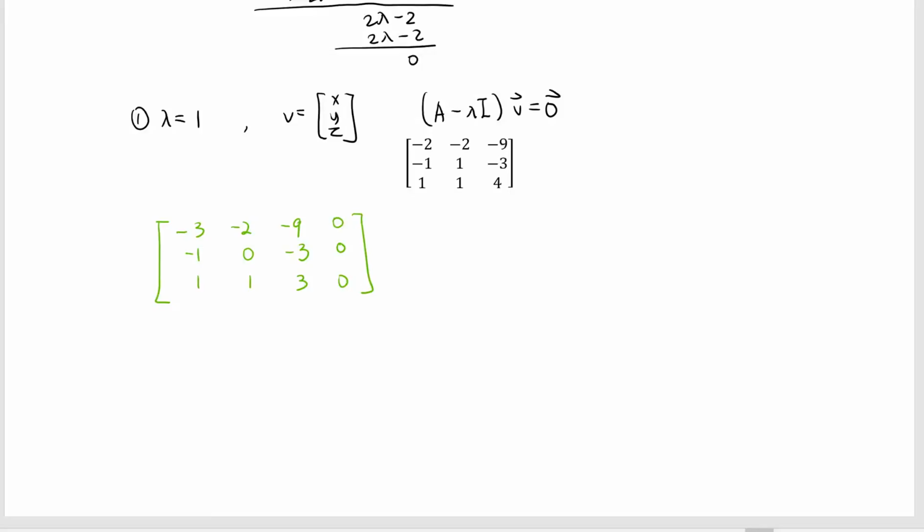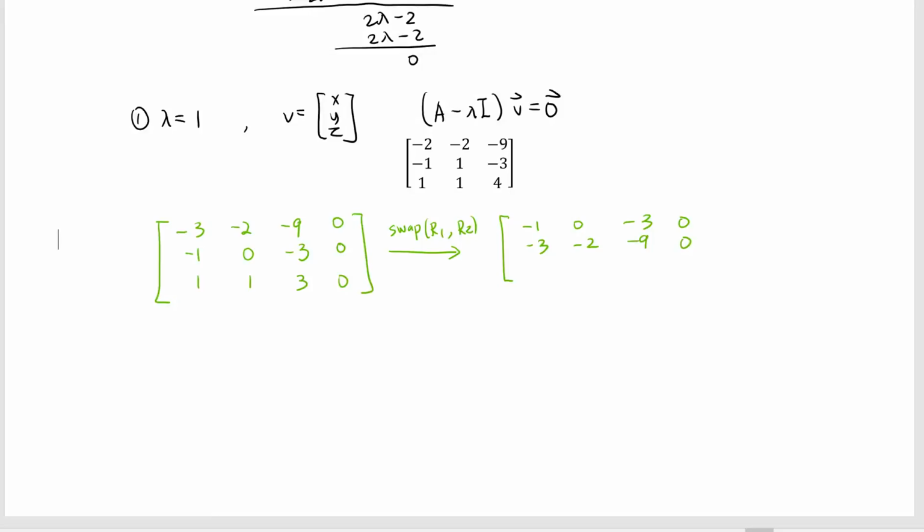Okay, let's see. Whoa, let's swap row 1 and row 2, okay? Then we get negative 1, 0, negative 3, 0. Then negative 3, negative 2, negative 9, 0.